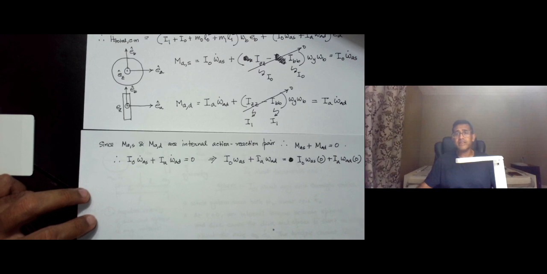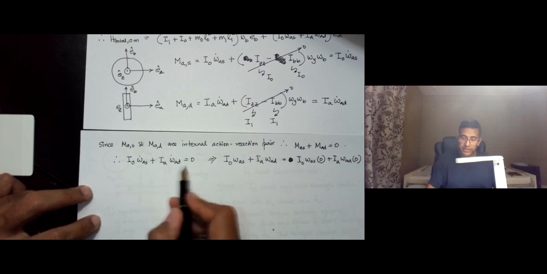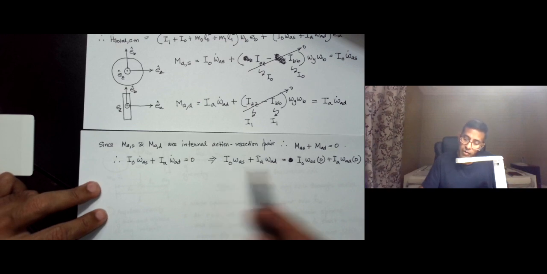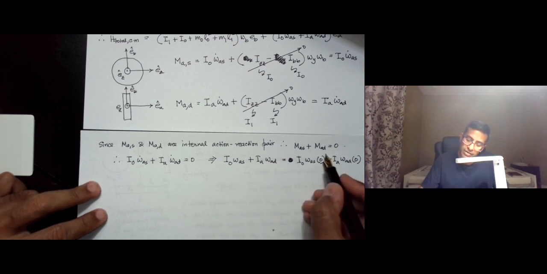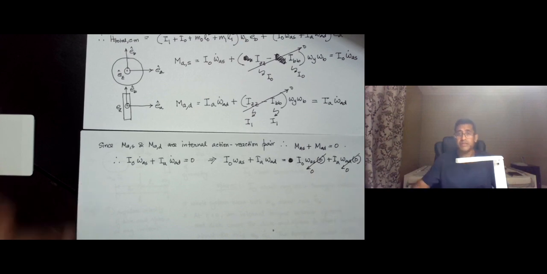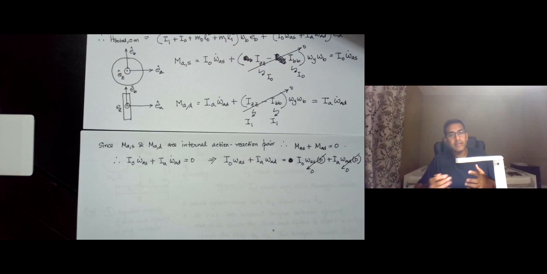So this is just an integral of this differential equation. It is easy to integrate because IA and IO are just constants. Now we note that the initial velocities along the axial direction are both 0, that is, the sphere and the disk. They don't have any initial rotation about the axial direction.